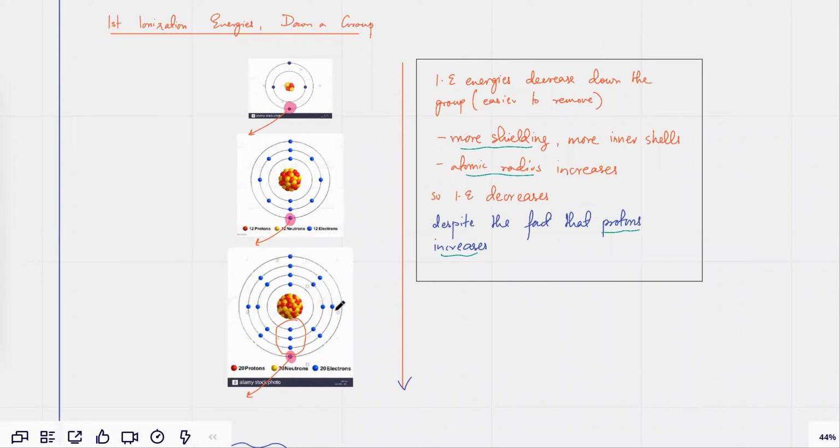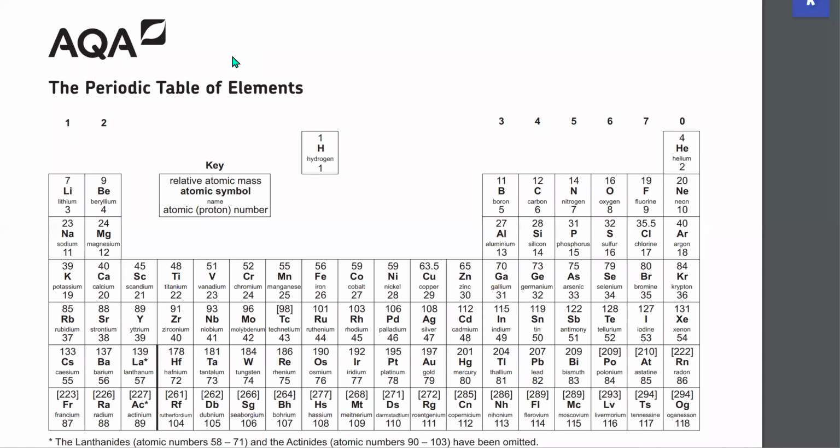Whenever you go downwards, there's an extra shell that's added. So that's the first thing. He's saying second smallest atomic radius. That means it's probably in this period, period number 3. Like the first one is lithium, the second one is sodium. The smallest would be the top one, the second smallest would be the second one. So he's talking about an element that's in this row. Is this clear? TK, is this clear, the first part?